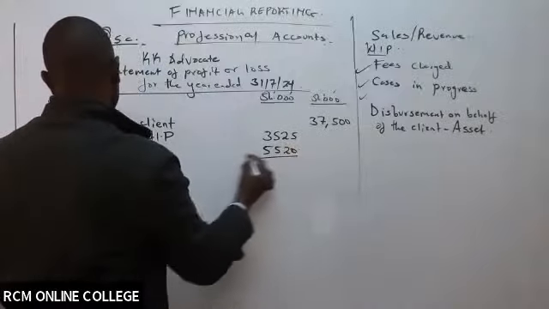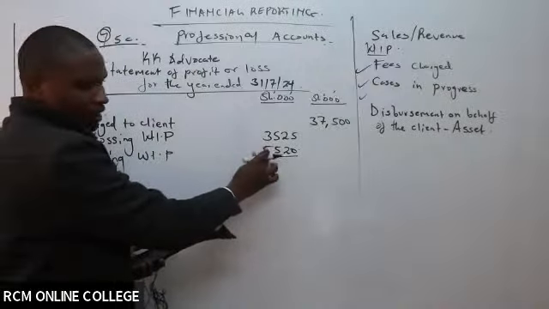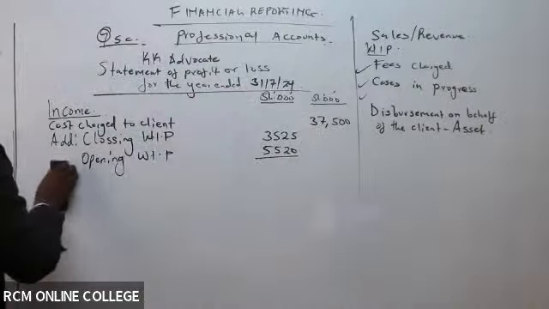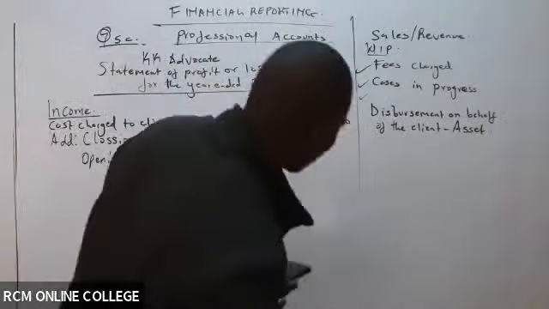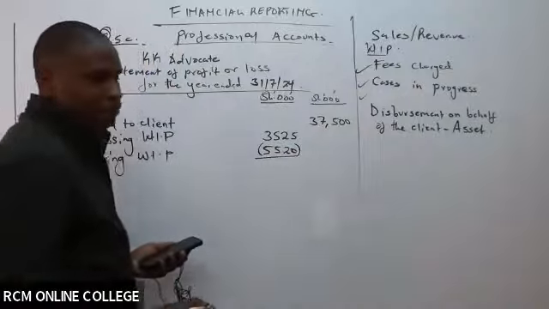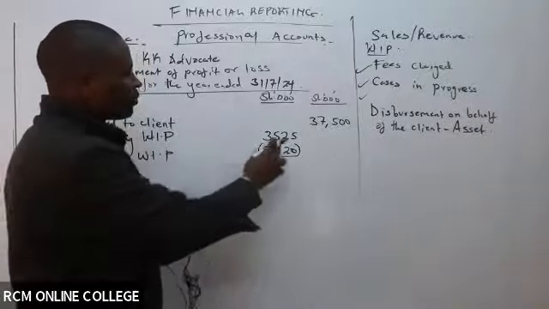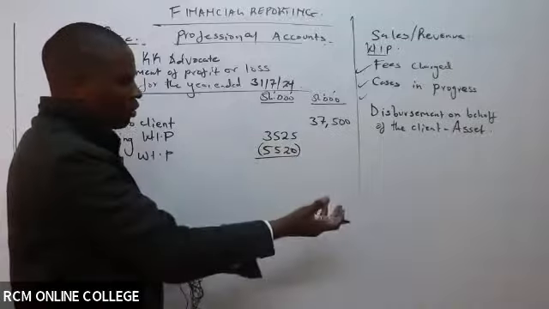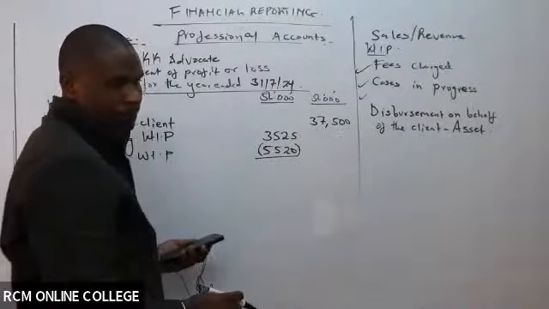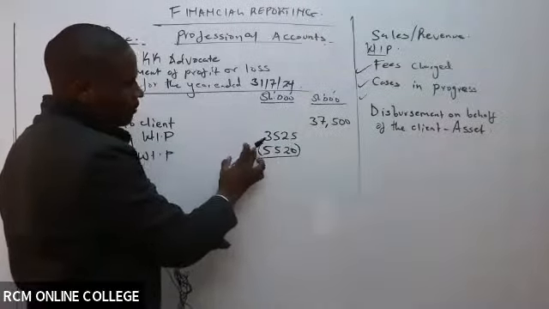Now, class, you can give me the total here. If you put a negative figure here, it is advisable to put a bracket. Sometimes students tend to forget. Therefore, I advise that you put your bracket here. During the exam, when you are in that room, pressure is very high, so you tend to forget and add them, which is wrong. So plus 3525 minus 5520.